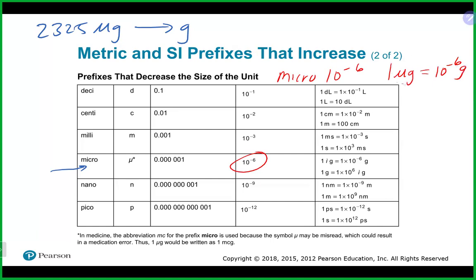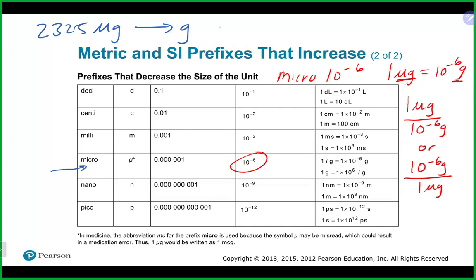So once again, one of the prefix units is that much of the base unit. That will technically give us 2 conversion factors. We could say in 1 microgram up on top, there are 10 to the minus 6 grams. Or we could flip it around, basically 10 to the minus 6 grams is 1 microgram. So those are, again, the 2 conversion factors that we could use to do this problem.